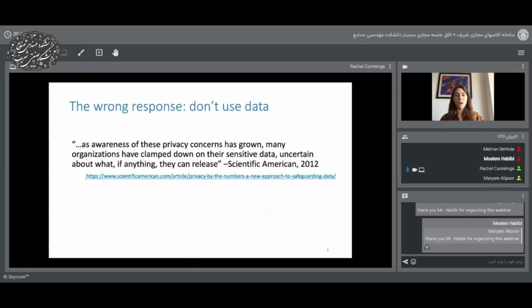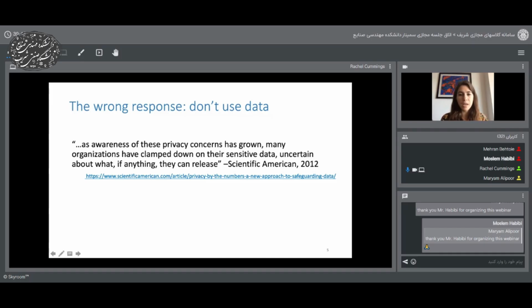And the wrong response here is to give up and not use data. I think these days, as we are more in the big data, machine learning age, companies and people understand data are a valuable resource. We shouldn't give up on them. But especially in the early days of privacy concerns, companies would really do this.